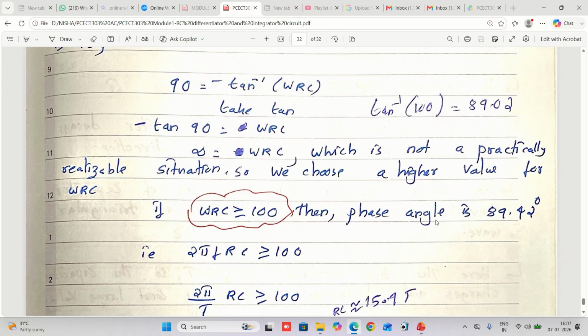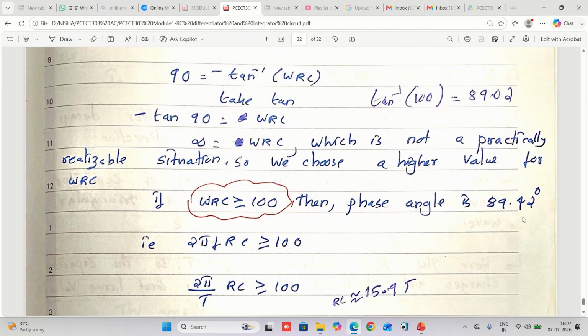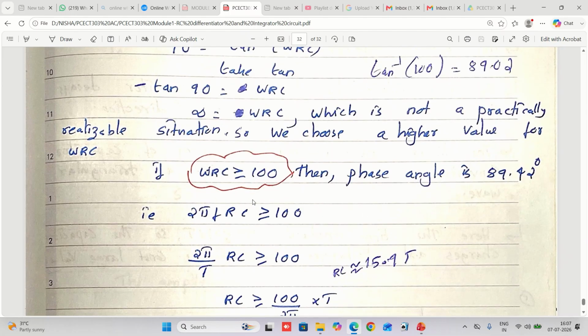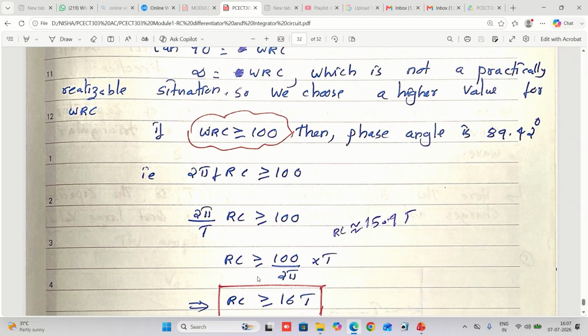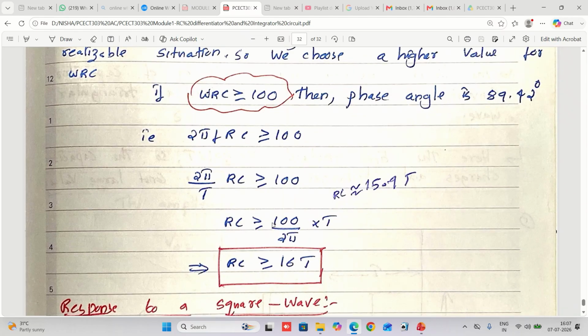Then the phase angle becomes slightly less than 90, that is 89.42. Here omega RC, where 2 pi f is the angular frequency, should be very much greater than or equal to 100. With f equal to 1 by T, 2 pi by T into RC is greater than or equal to 100.